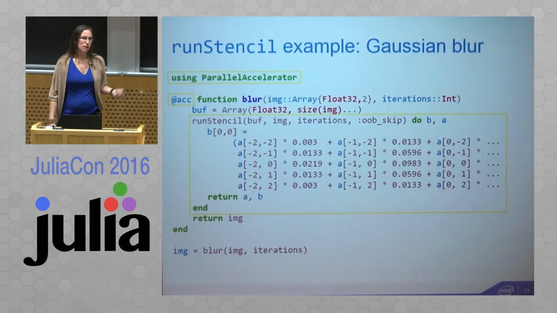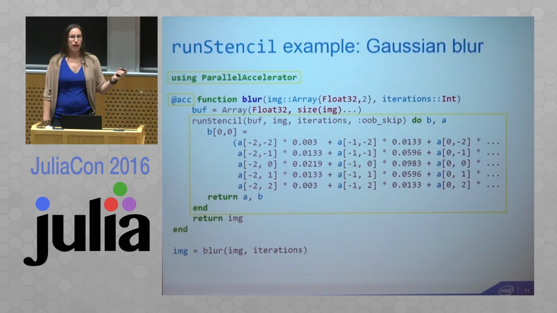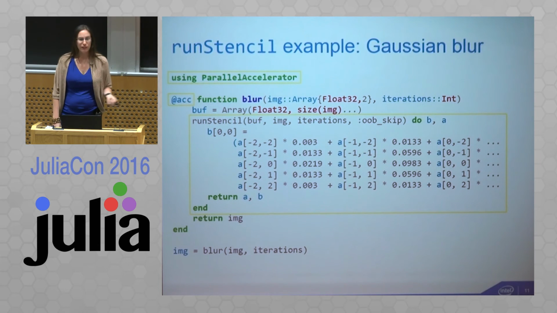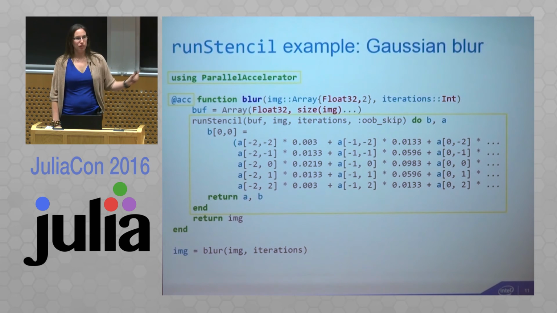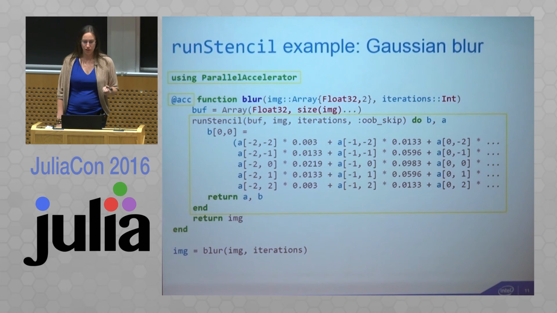It should also be noted that 0, 0 is a relative index, meaning that we actually do this for every index in b. And finally, at the end, we return, and here we actually swap a and b. We bind them as b and then a, but we're returning a comma b, so they'll go into the next iteration of the stencil swapped around, in a double buffering style, and so on for however many iterations that we want to do.